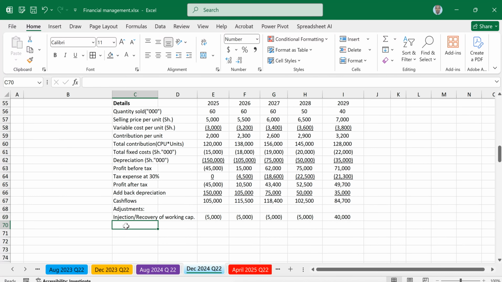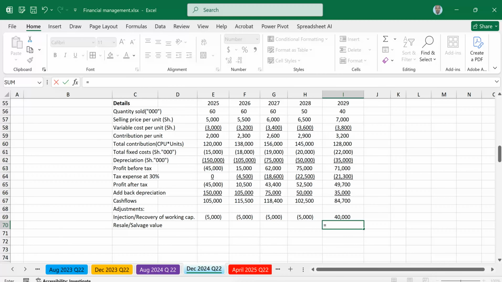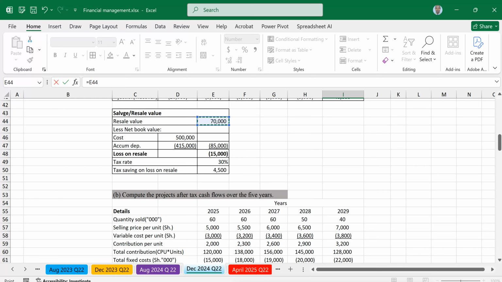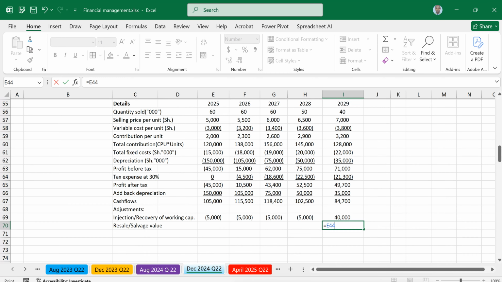Then resale value, resale or salvage value. Resale, that is in the last year. The resale value is 70 in the last year, 2029.